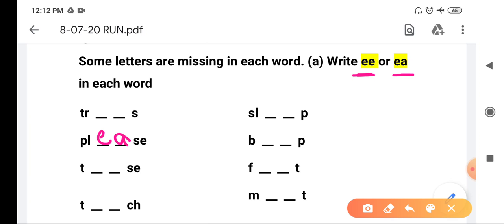And now you can see here B double E P, beep. Okay, and next is T and two blanks, so this is tease, E A, tease. And next you can see F and two blanks, so it will be F double E T, feet.